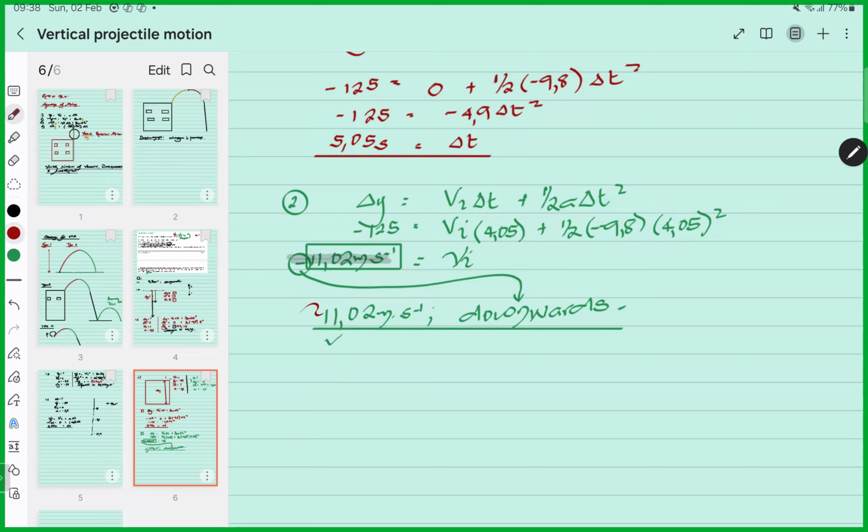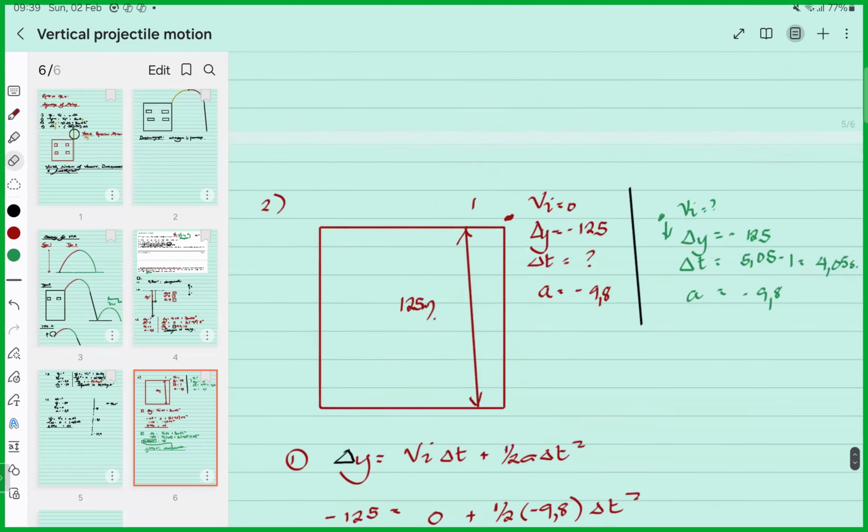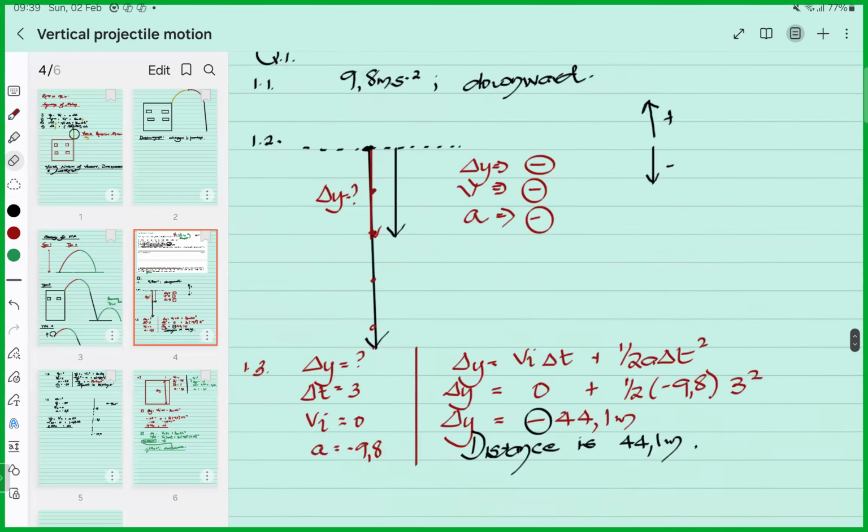Please don't put minus there and state downwards, because they're going to mark that wrong. I've seen lots of learners do that. Magnitude must be free of the minus. Put down the meaning of the minus in words next to that, and that will be your answer.